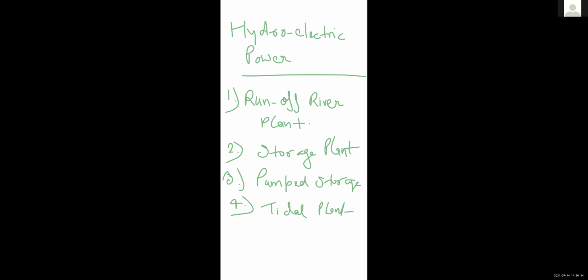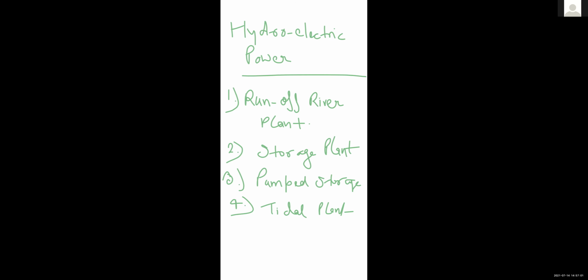In this scheme, a dam is constructed across the river. Without a dam, this storage plant cannot work. The powerhouse may be located at the foot of the dam, for example Bhakra Nangal Dam, Hirakud Dam. This type of project is the storage plant for hydroelectric power generation.